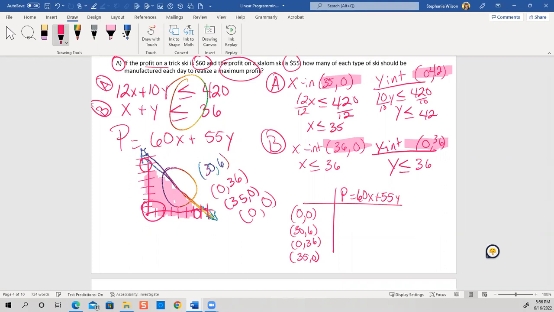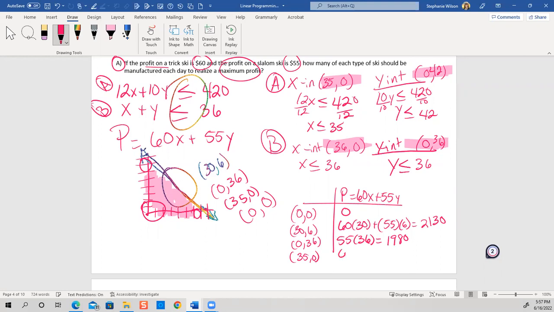So of course, when we plug in 0 for X and 0 for Y, we get 0. Now let's plug in 30 for X and 6 for Y. We get 2130. Now we have 0 for X, so that goes away. So we have 55 times 36, and 55 times 36 is 1980.